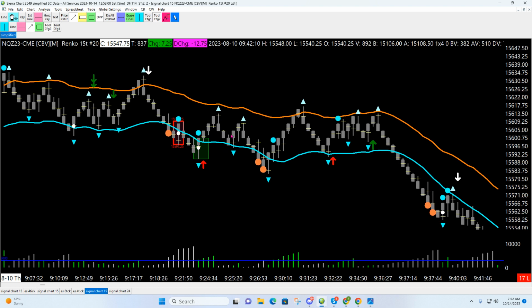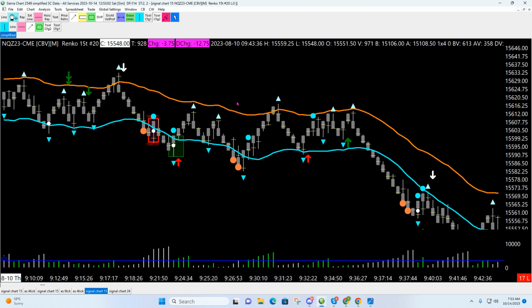So we come down, and then you'll also notice on this, you had two different trades here. You had the orange dot down. They got immediately reversed, wrong color. Orange down, they got reversed.